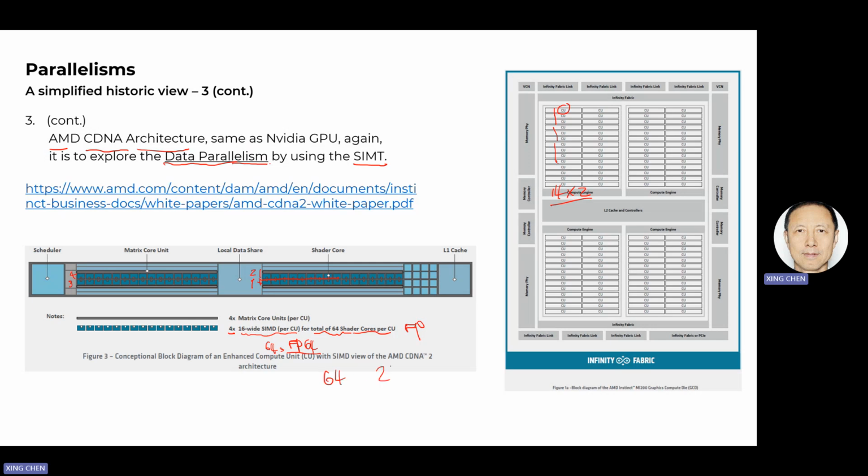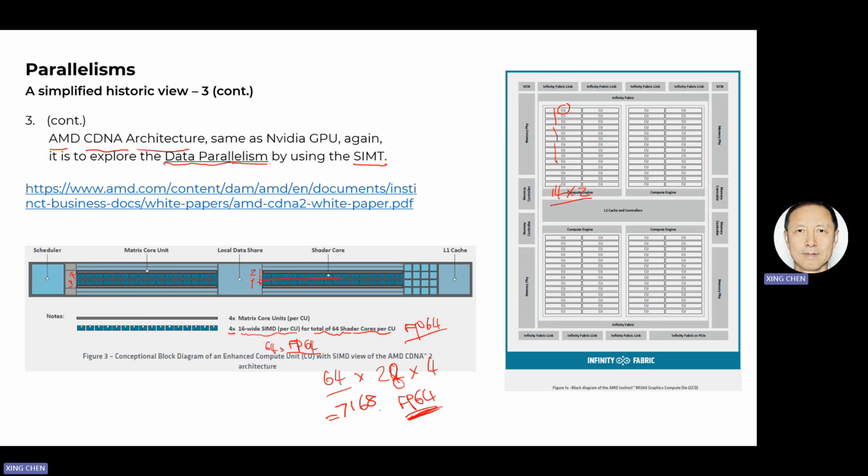So the 64-bit floating point units you are going to have is 64 multiplied by 28 by 4, and the fact is that you have 7,168 floating point 64 units.